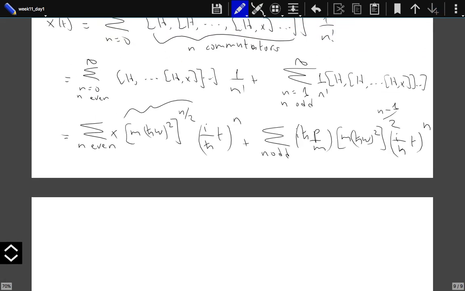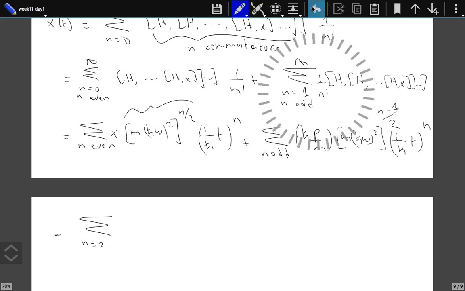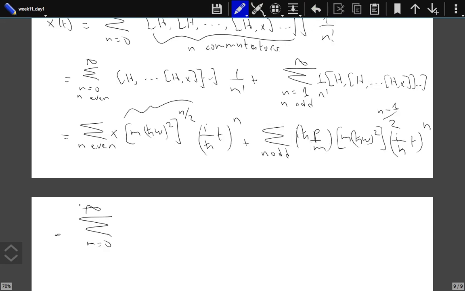Okay, I need to simplify it slightly more. If I'm considering all even integers, I can write n equal to 2m, where m goes from 0 to infinity.